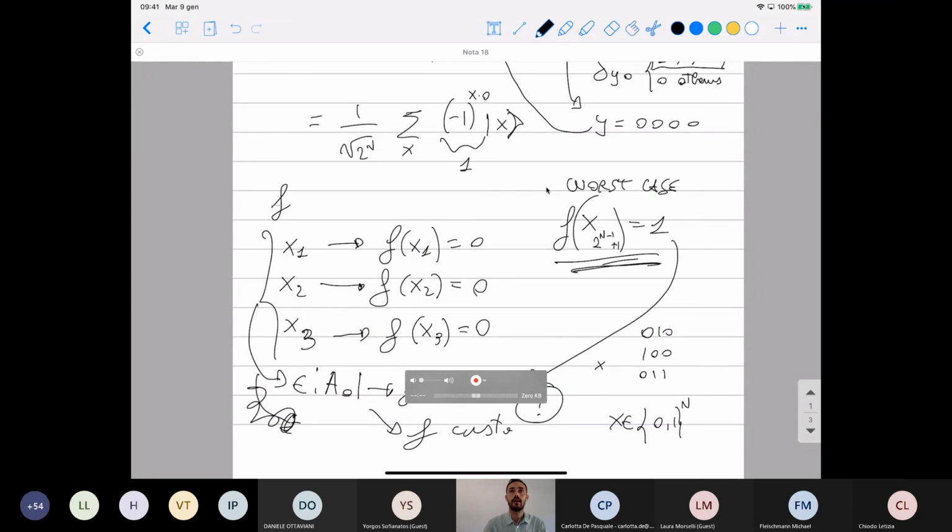So if you are lucky, imagine the function is balanced. With the first x, you get an output 0.